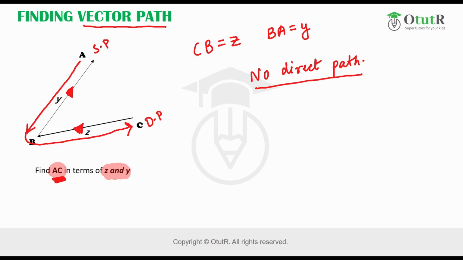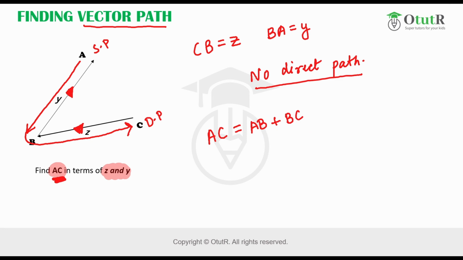So what can we do? Let us write that for me to go from A to C, first I need to go from A to B, then I need to go from B to C, right?